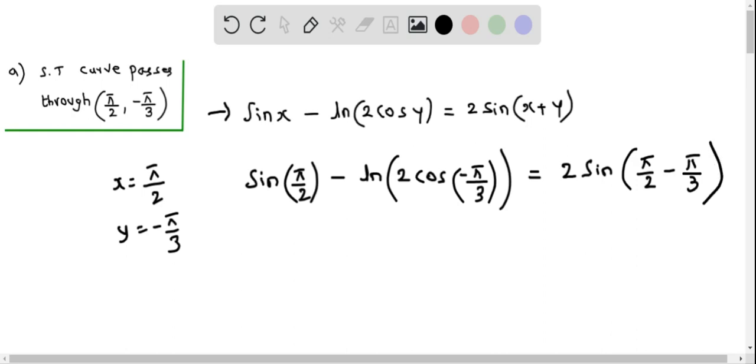Let's evaluate this. Sine π/2 is 1, minus natural logarithm of 2 times cosine of −π/3. I'm sorry, it is basically cosine of π/3, it is not negative. You can just ignore this.